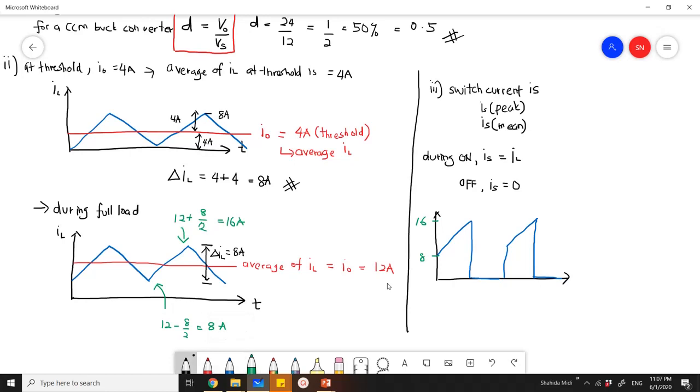So here we have this as IS. Okay, and then this is T. So here we can read that IS peak is the same as the peak value of IL, which is 16 ampere.